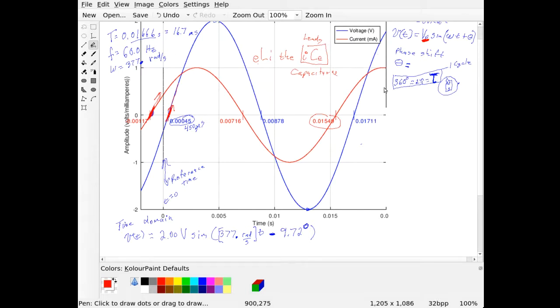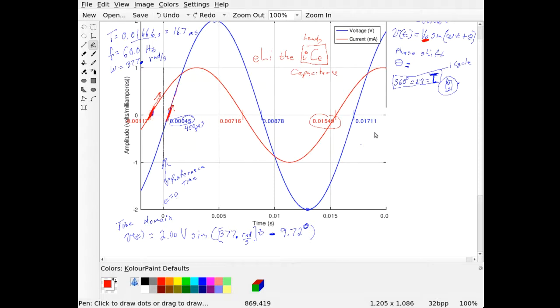I may have some inductance also in the circuit, but I know that I have more capacitance than I do inductance. All right, so, and we already said the frequency doesn't change, but what we have to do is to find out what is this phase shift. Okay, what is the phase shift? And the phase shift we're looking at is the phase shift between time t equals 0 and this crossing 0.